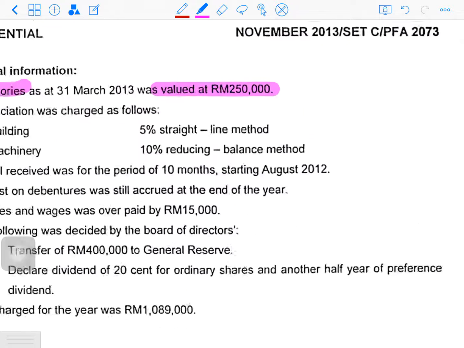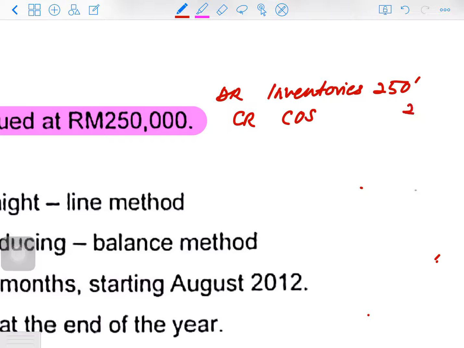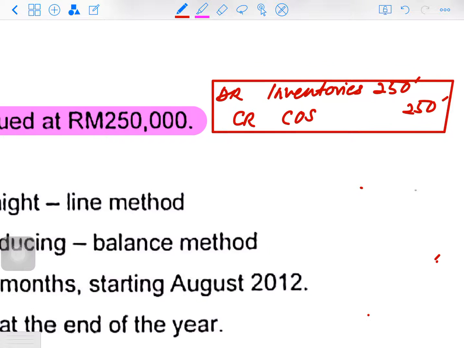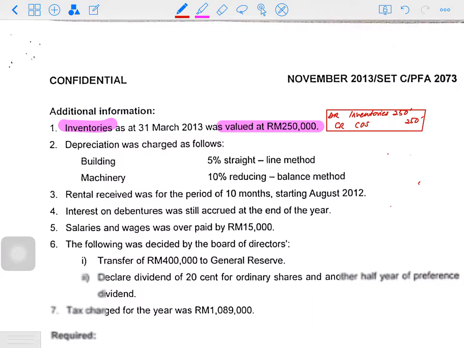The inventories are valued at 250,000. So the double entry to record this is debit closing inventories, 250,000, and credit cost of sales, 250,000. So this is your double entry for the first adjustment.